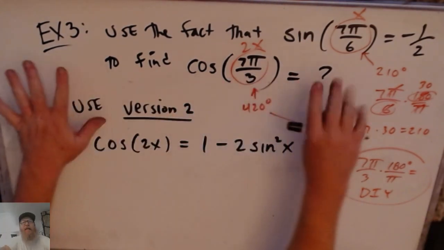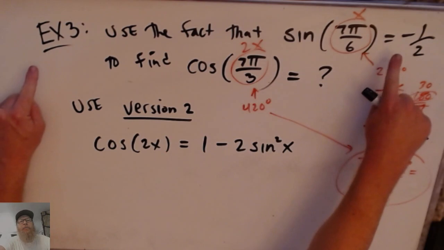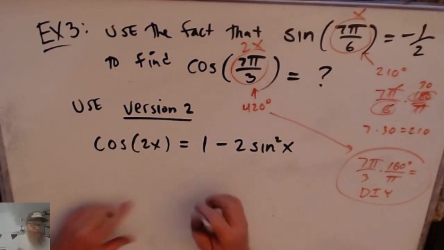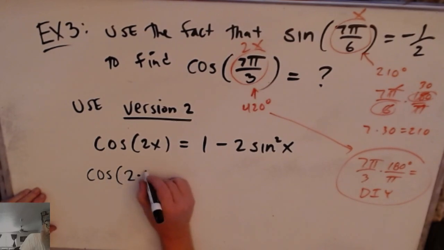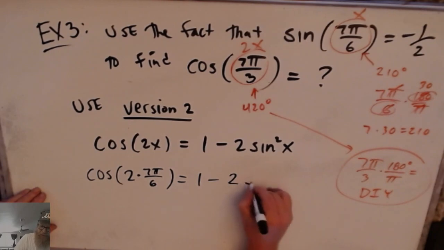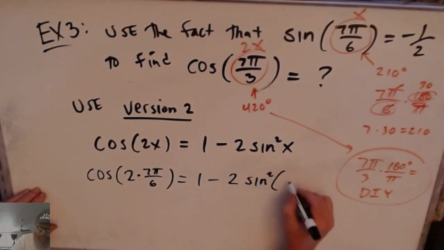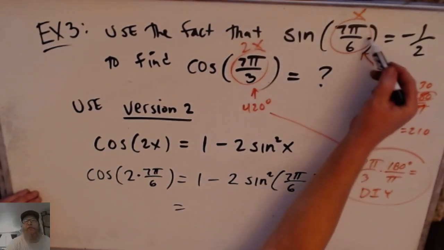All right, in this example, I was only given sine, and I want to know cosine. So I'll use the formula. Cosine of 2 times 7 pi over 6 is equal to 1 minus 2 sine squared 7 pi over 6. So use the original x.